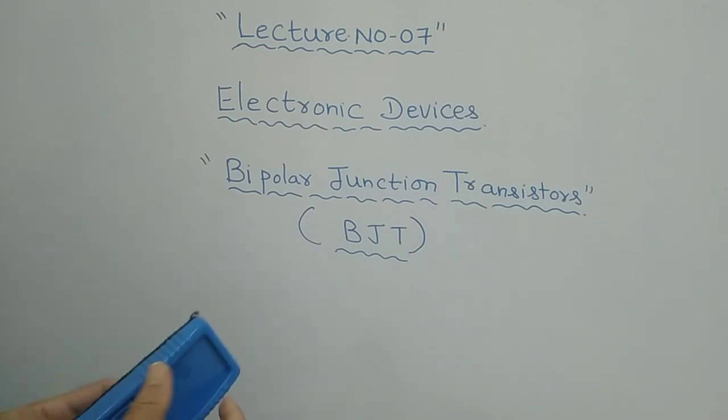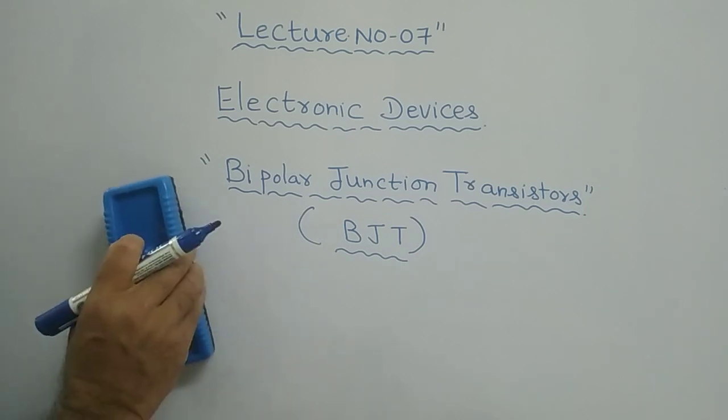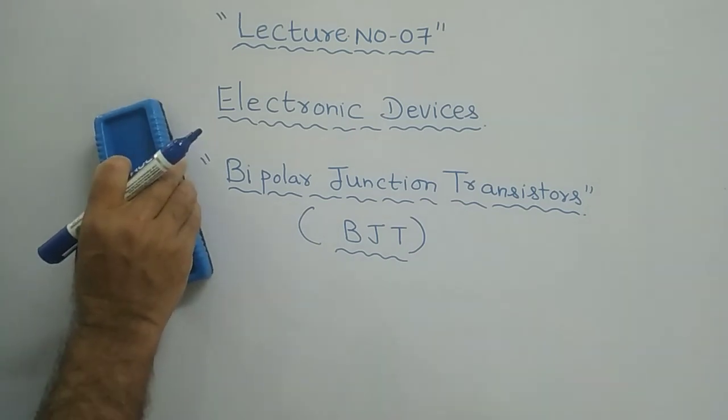This is one of the very important topics or chapters to be considered under your electronic devices and circuits subject. What is a bipolar junction transistor? What is a transistor?